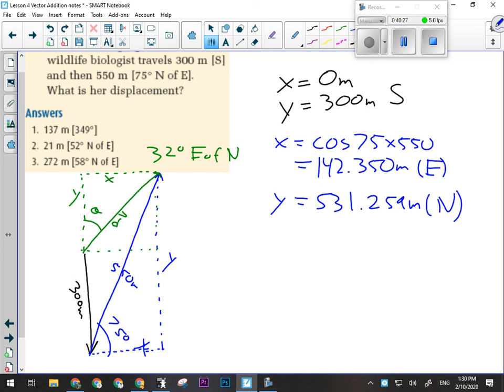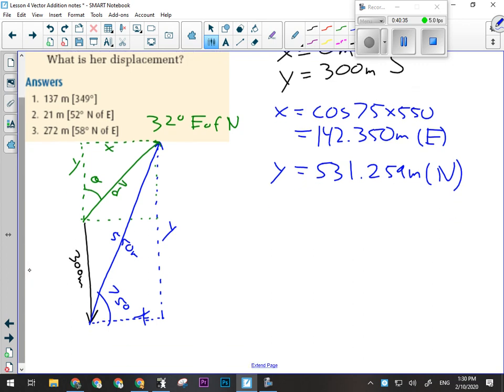It's important to put those directions in there because I need to remember which ones are going to be positive and which ones are going to be negative for my next step. My next step is I need to find green X and green Y. Finding green X is really easy because I just have to add the two X's together, and one of them is 0. So green X is essentially just equal to blue X, so it's going to be 142.350 meters east.